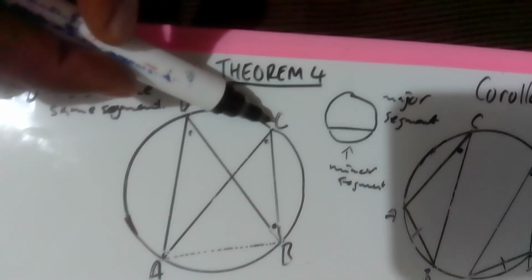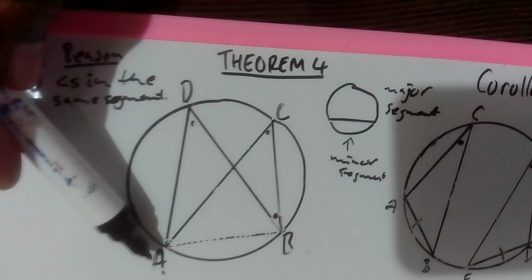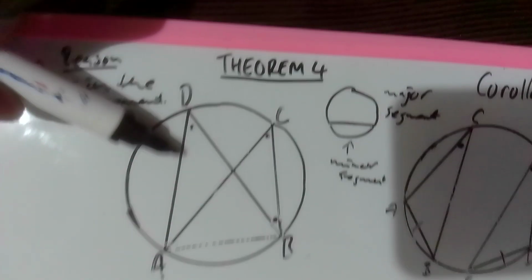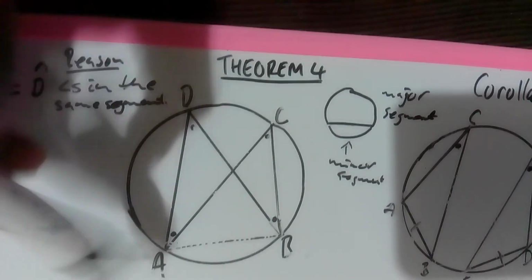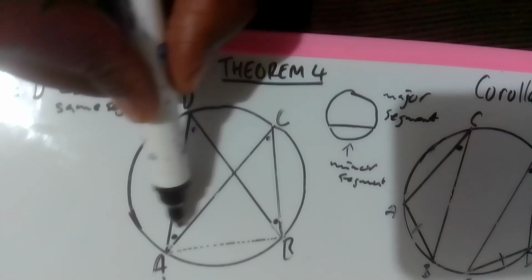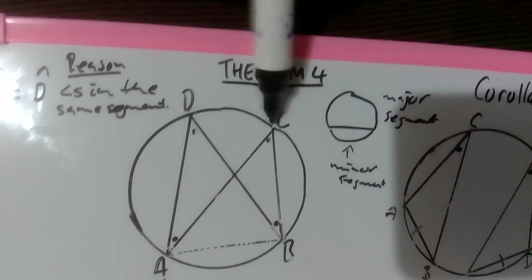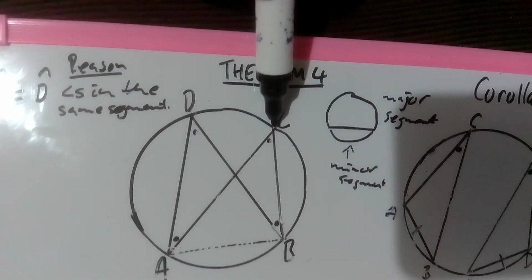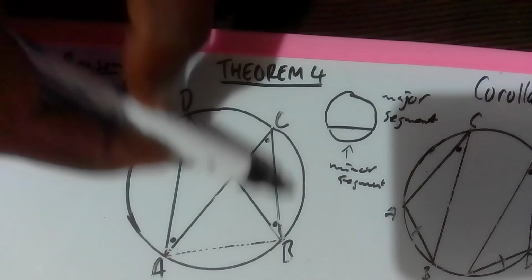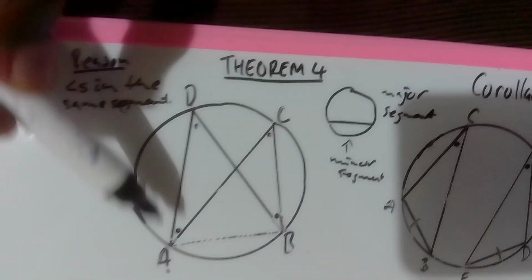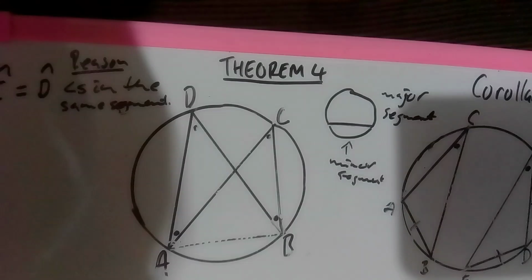But this is not the only angle that has been created by chord DC. Let's follow the other line. If I follow this line C, it leads me to point A. If I follow this D, it leads me to point A. So both of these angles, they've got a common parent, which is line DC, right? And they are in the major segment, which is this segment here. So which means that angle A is equal to angle B, and the reason will be angles in the same segment.